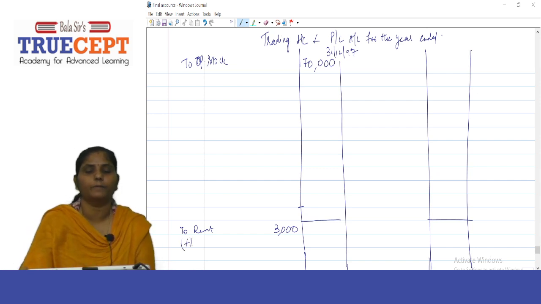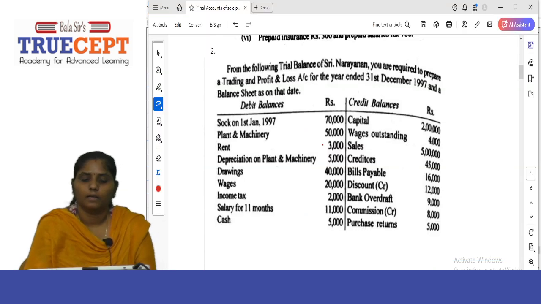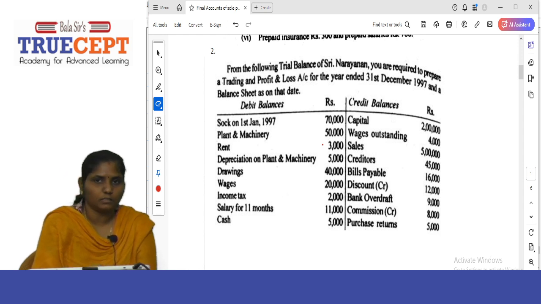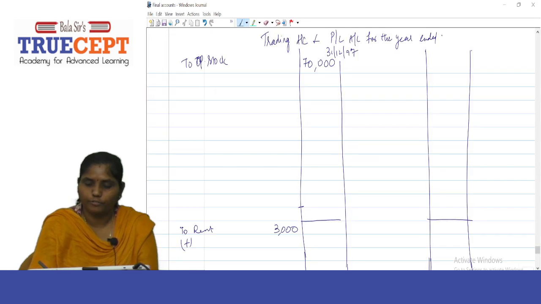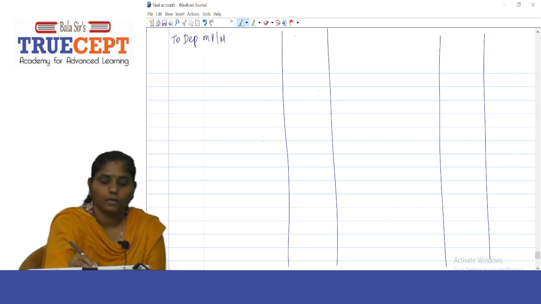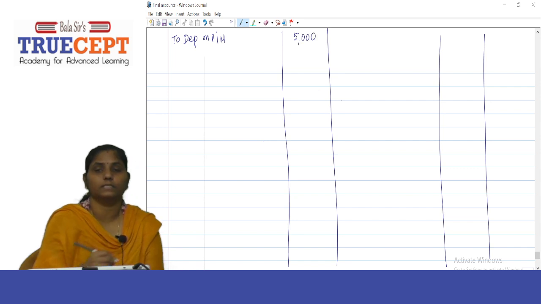Now go to the next one, depreciation on plant and machinery. It's given inside the trial balance. How much? 5,000. So in P&L account on the debit side, depreciation on plant and machinery 5,000.